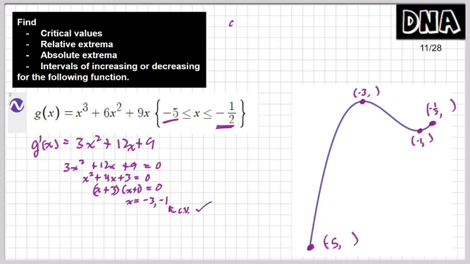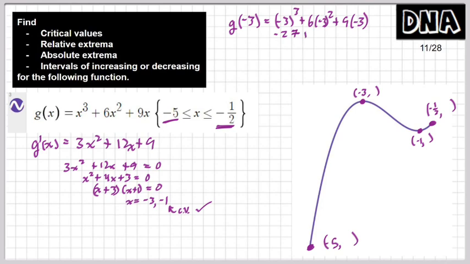So if I plug negative 3 into g, what do I get? We get negative 3 raised to the third power plus 6 times negative 3 squared plus 9 times negative 3. Writing this all out is actually very annoying, but it's worth your time. You should always write out everything when you are taking a quiz because then you won't make errors with negatives.